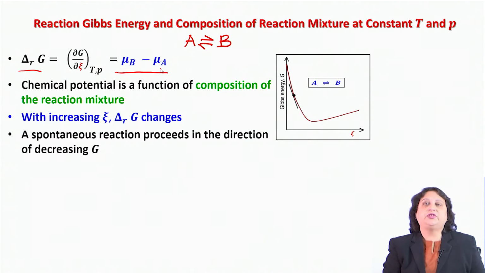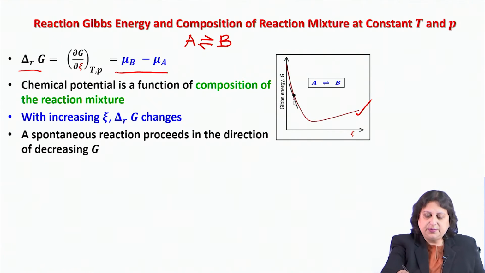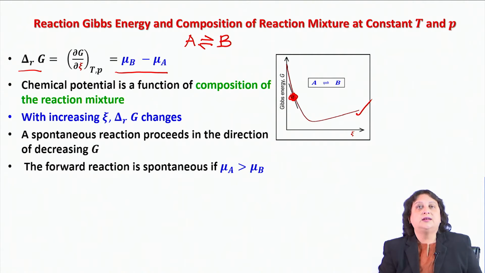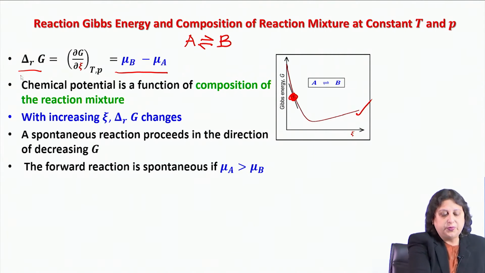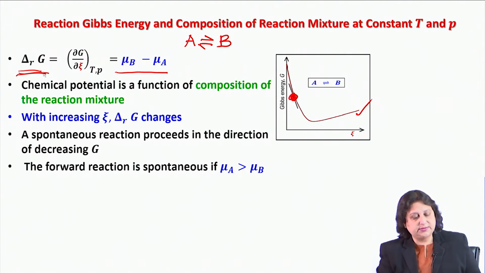We understand that for the reaction A reversible B, G when plotted against xi would look something like this. Now, if I consider this particular point and find out the slope of the curve at that point, what do I have? I have that this is a negative slope. And if the slope, which is given by this quantity, is negative, what does it mean?